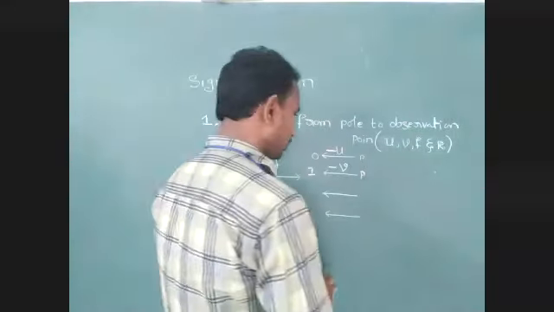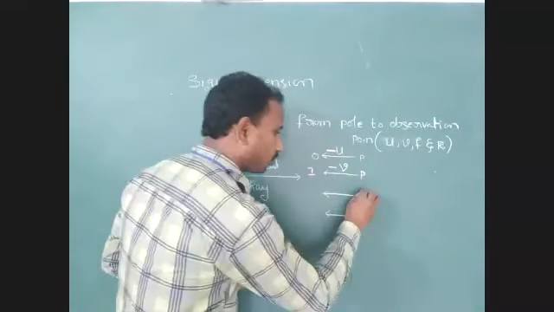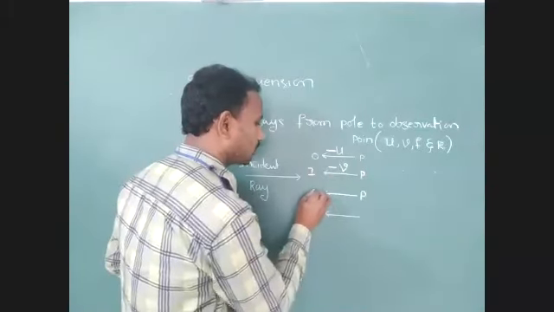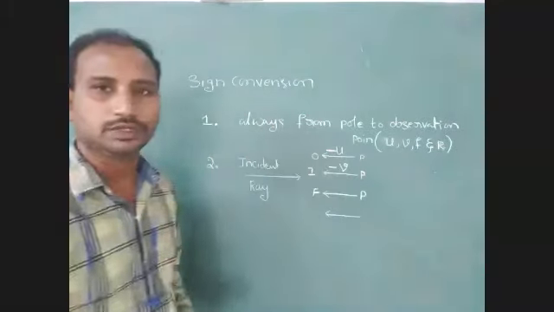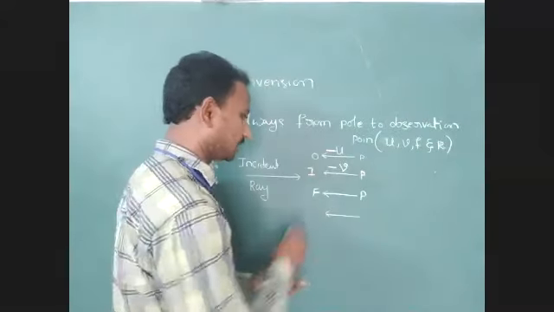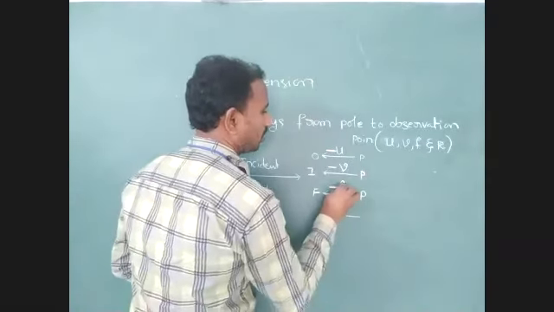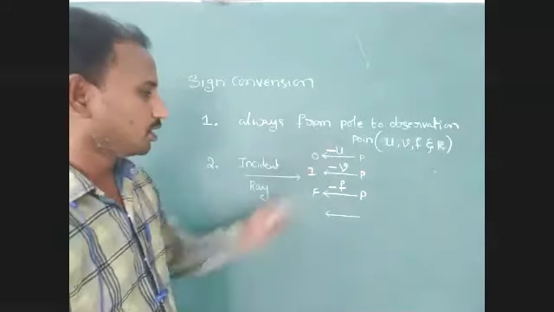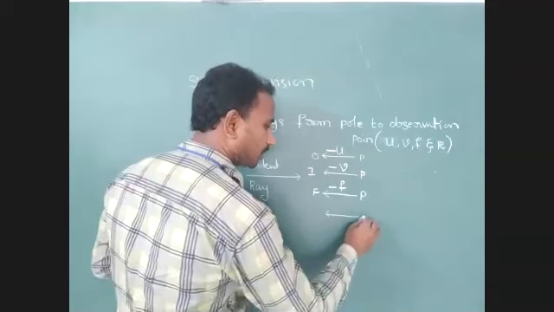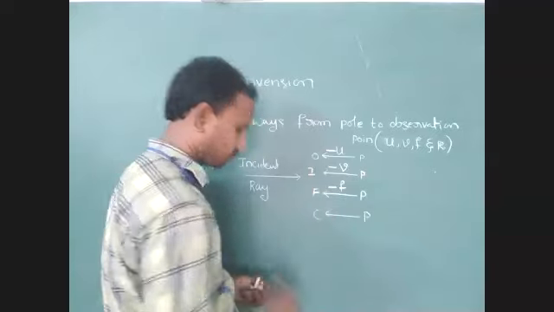Next, the focal length, calculated from pole to principal focus. Considering the direction opposite to the incident ray, the sign convention for focal length is minus f. Next, the radius of curvature, calculated from pole to center of curvature.